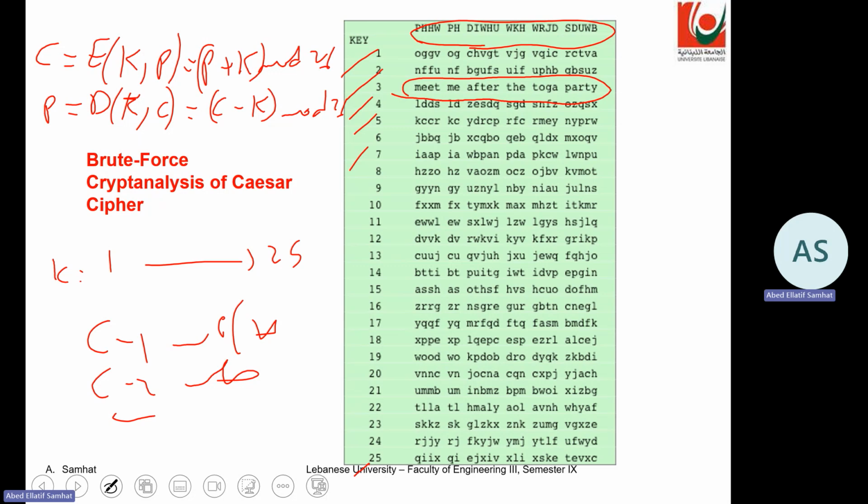So it's not very difficult in the Caesar algorithm to make a brute force attack. It's one of the oldest and first encryption algorithms, so it's not robust. But at that time, it was very useful to send a message.